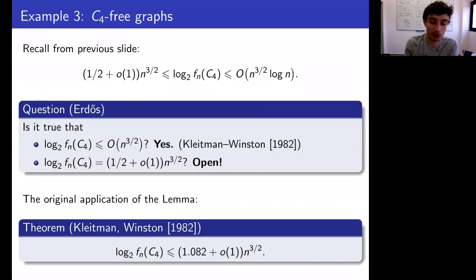So we get a bound which is sharp to roughly a factor of 2. Again, our goal here is to show that the logarithm of the number of C4-free graphs is only a constant times bigger than the trivial lower bound that we got by considering all subgraphs of some largest C4-free graph with n vertices.